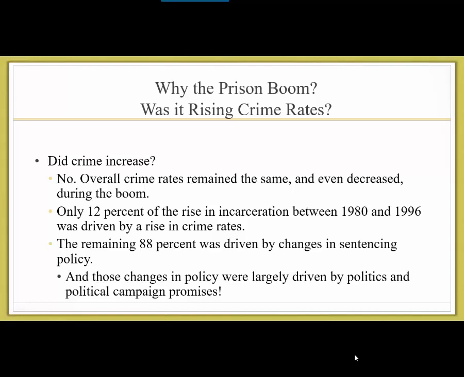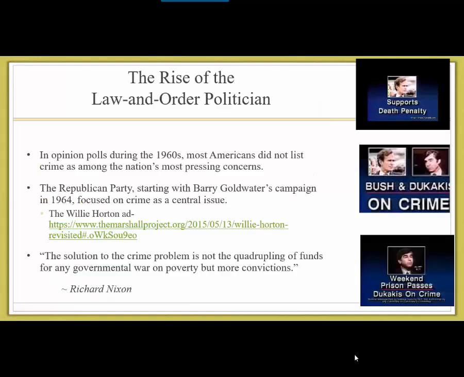There was a period between 1980 and 1996 when some of it was driven by an increase in crime rates, but a lot of it was driven by changes in sentencing policy. And the reason we had changes in sentencing policy had a lot more to do with politics and political campaign promises than with actual increases across the board, across the country, in crime.